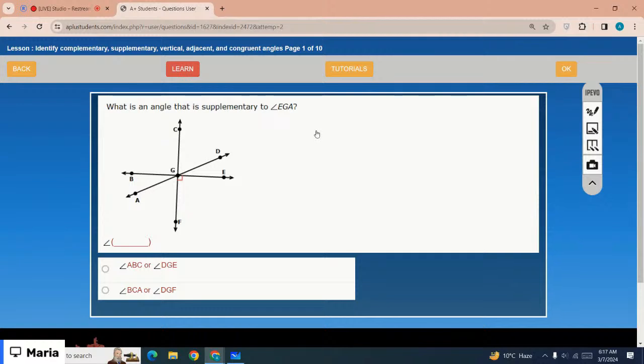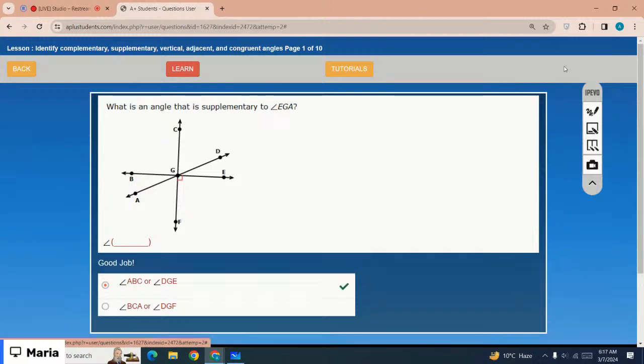Option number one is the correct option. Angle ABC or angle DGE is the supplementary angle to EGA, right?